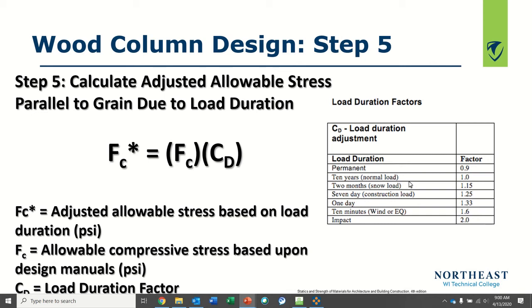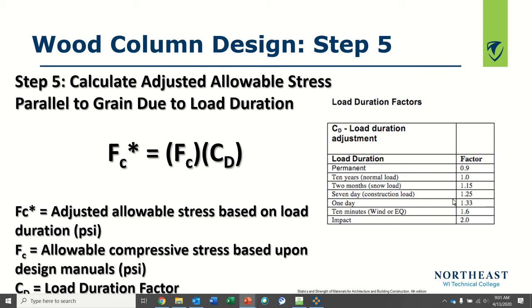Typically we go between 0.9 and 1. When we say it's a permanent load, we're reducing the stress on that by 10%. If it's an impact load, basically a 3-second load, it comes on there so briefly that we can increase the stress by a factor of 2.10.